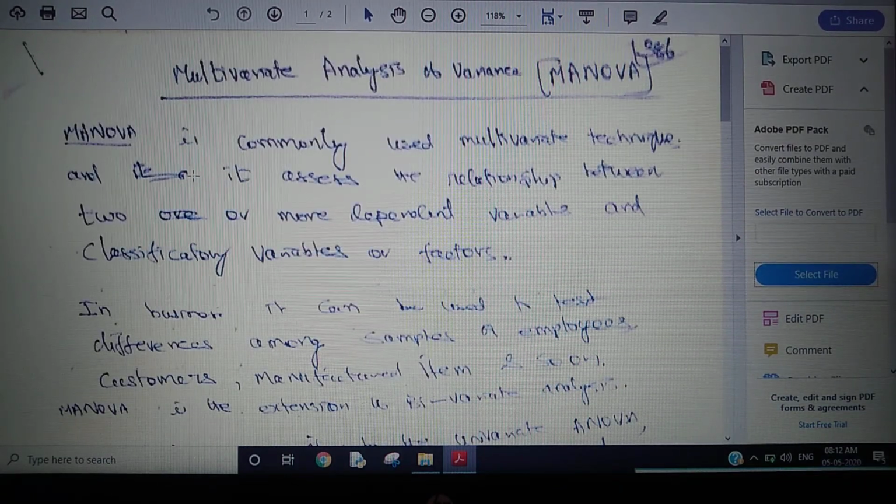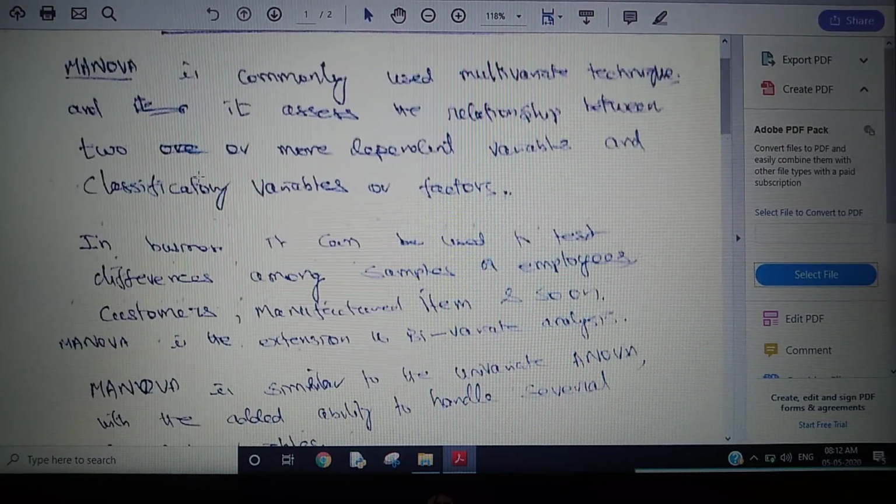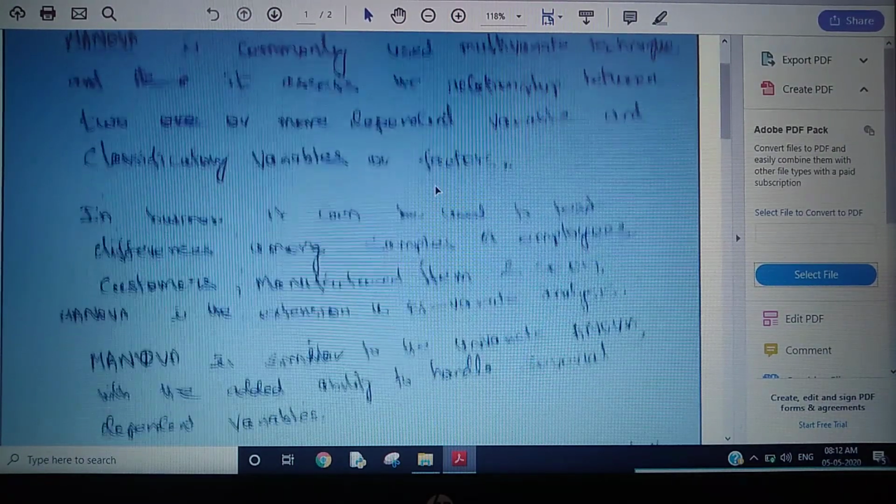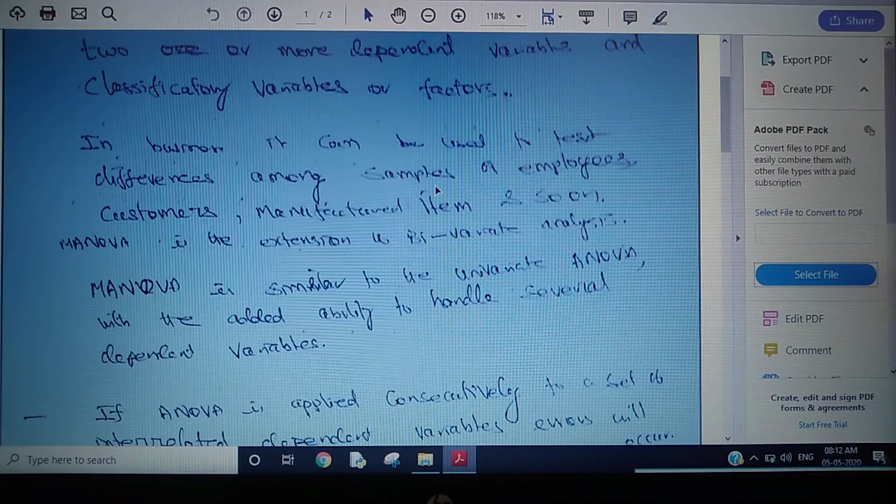MANOVA is commonly used as a multivariate technique and it assesses the relationship between two or more dependent variables and classifies three variables or factors. In business, it can be used to test the difference among samples of employees, customers, manufactured items, and so on.